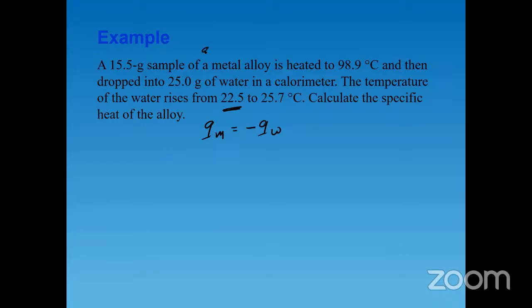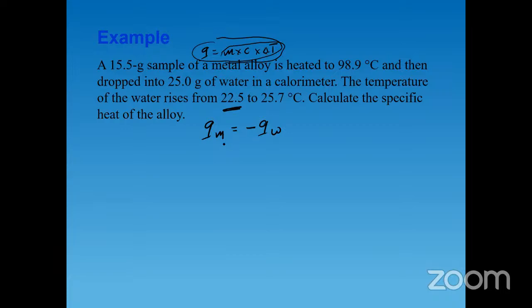Now, let me remind you that Q is equal to M times C times delta T. That's the equation we'll be working with. In fact, what we'll be doing is basically plugging this equation into this expression here. So we're going to have this here for QM and the same thing here for QW.